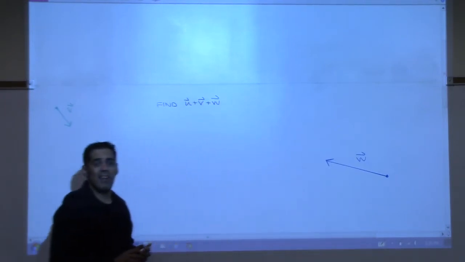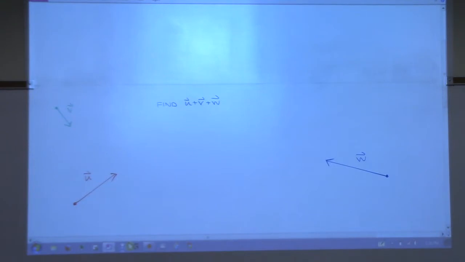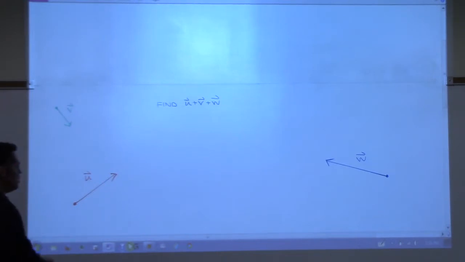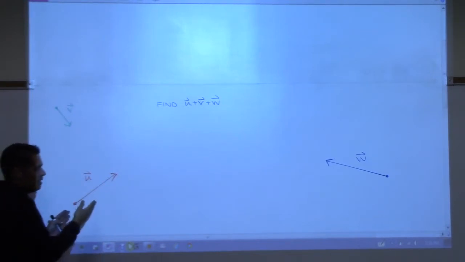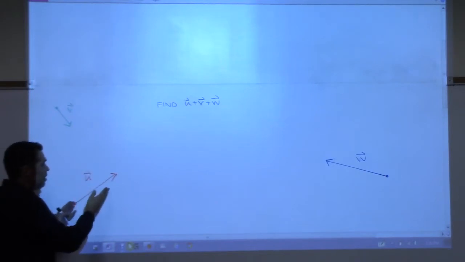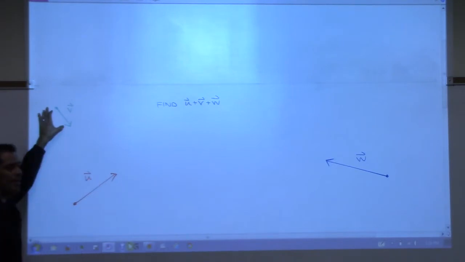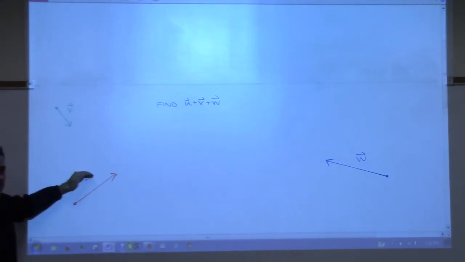Now the order does not matter, right? How I do this, I just need to do tip to tail. That's the most important thing. So because u is sitting right here, I'm going to leave u alone, and I'm going to get v and add it to u. That means I'm going to take the tail of this one and attach it to the tip of this one.